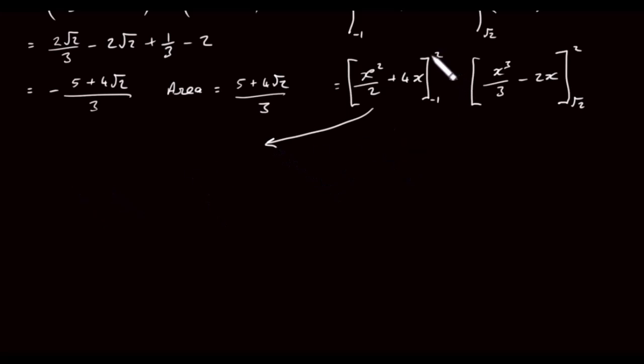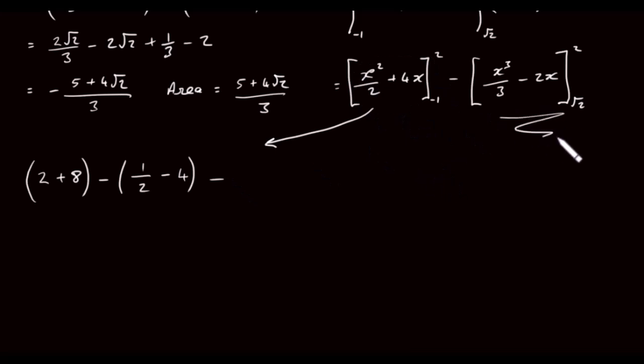First thing I'm going to do is put 2 in here and here. So 2 2s are 4. 4 divided by 2, 2. Put 2 in here. 2 4s, 8. Now I've got to put -1 in. Well, -1 squared is 1. And then we have -1 times 4, which is -4. Okay, so that's all of this done.